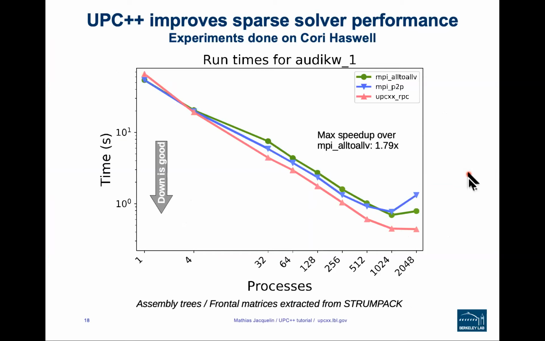And as you can see here, the UPC++ RPC-based implementation, which is displayed with the red line, performs the best and achieves a speedup of 1.8x over the MPI all-to-all-V based implementation.